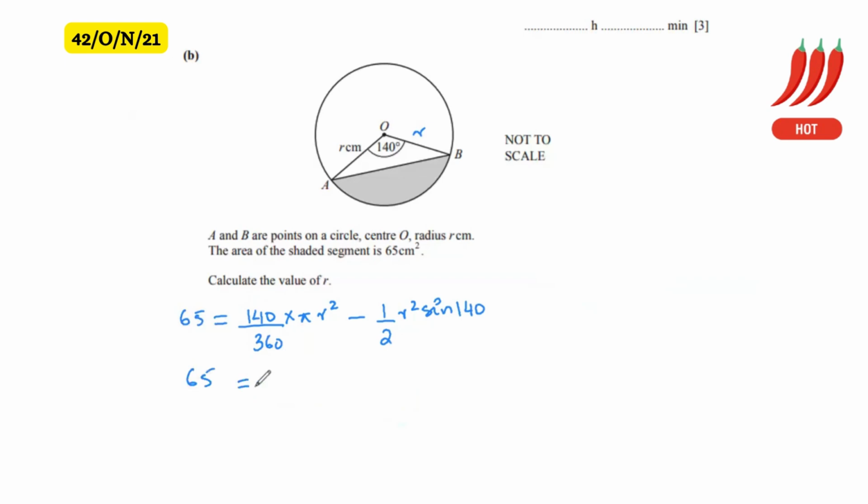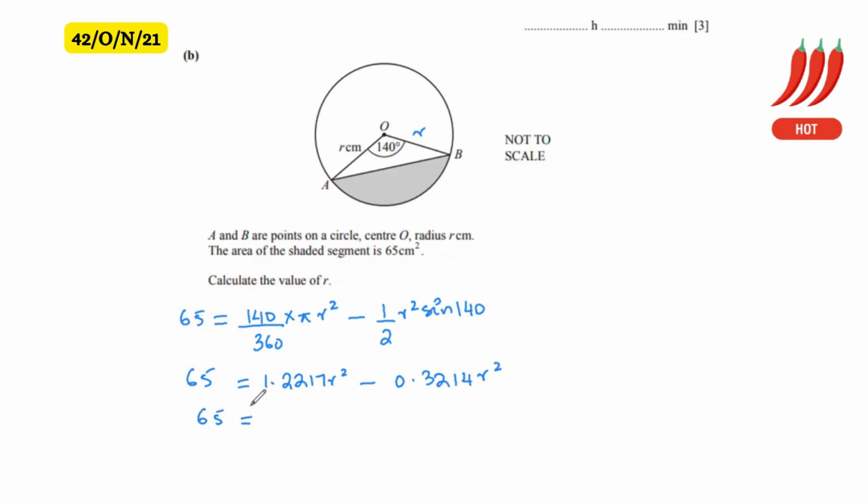So if we rewrite the fractions in decimals, 140 divided by 360 times pi is 1.2217 r square. And sine 140 divided by 2 is 0.3214 r square.